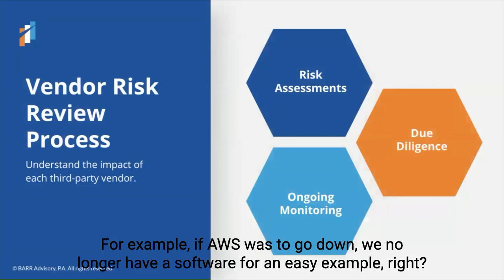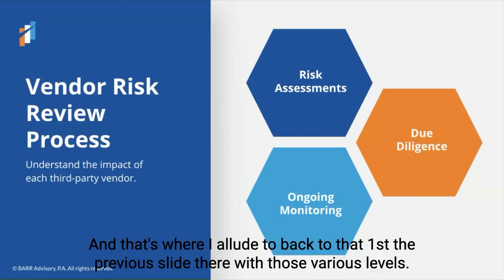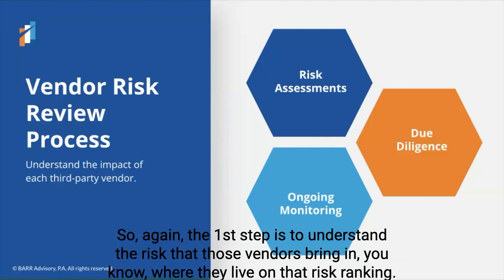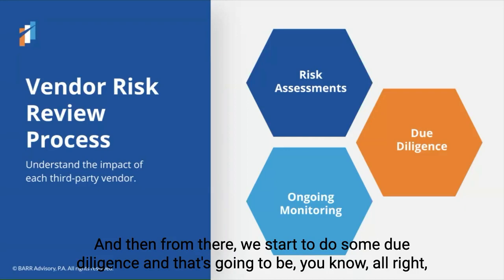For example, if AWS was to go down, we no longer have a software, for an easy example, right? How critical are they? That's where I allude back to that previous slide with those various levels. So again, the first step is to understand the risks that those vendors bring in, where they live on that risk ranking, and then from there, we start to do some due diligence.